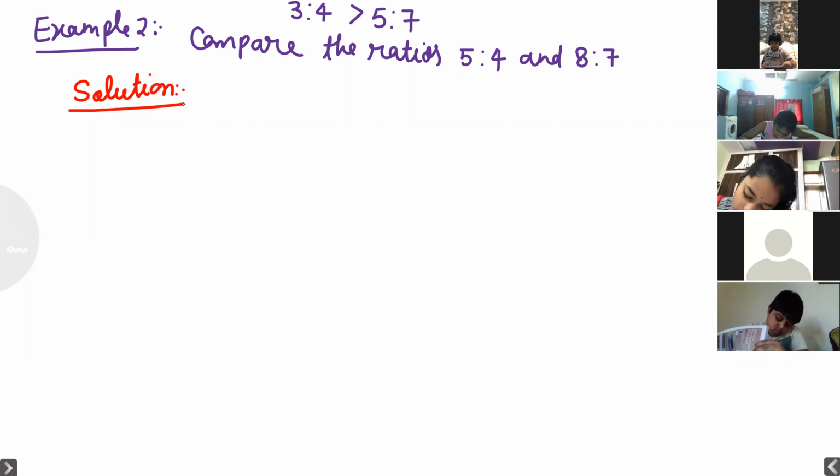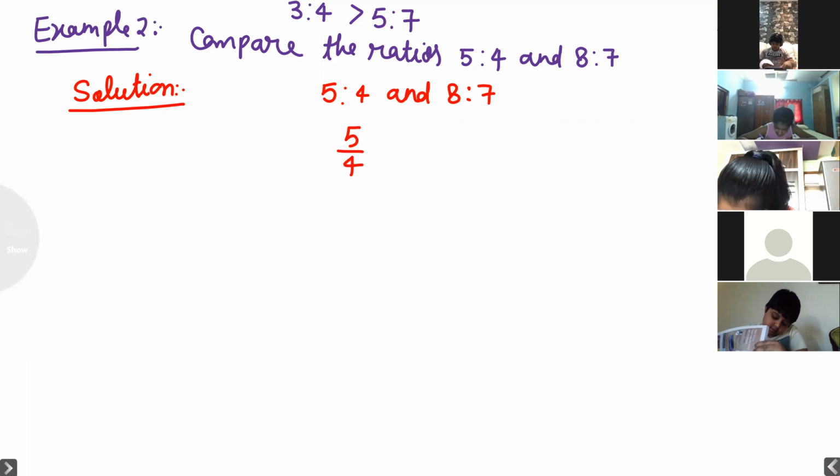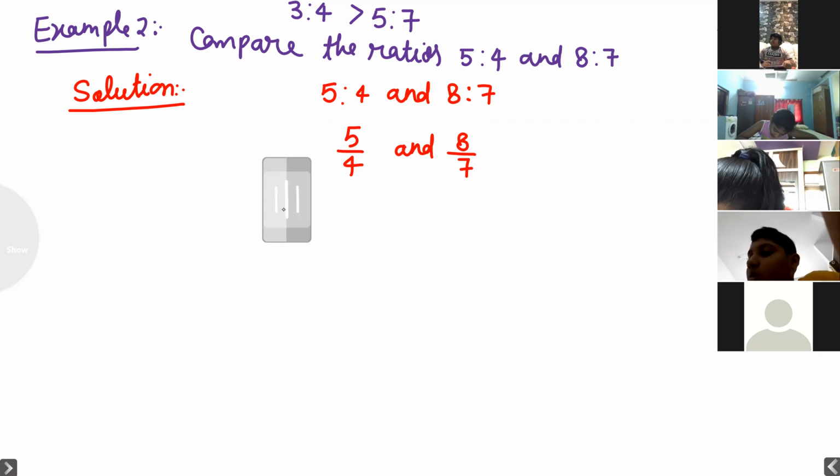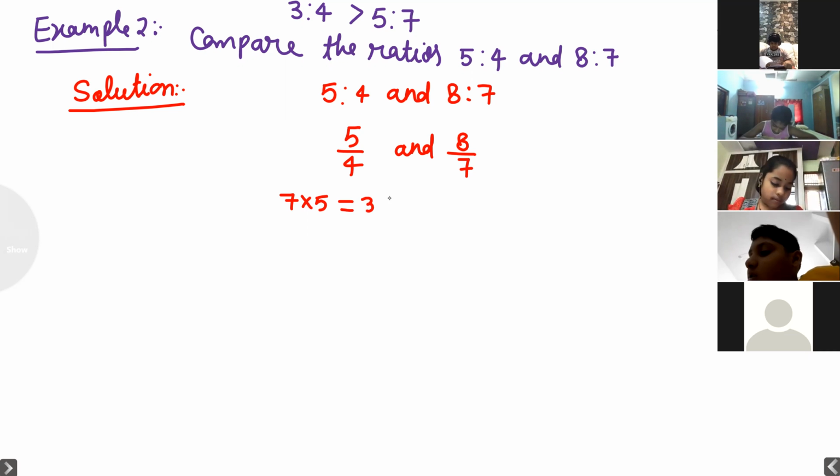Firstly, I want to write the question. 5 is to 4 and 8 is to 7. Again, I want to write in fraction form. 5 is to 4 means 5 by 4 and 8 to 7 means 8 by 7. Again, cross multiplication. 7 into 5 is equal to 35.